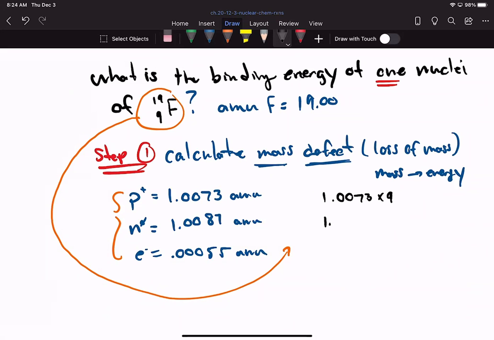And then we're going to go 1.0087 times, well, how many neutrons do we have? Somebody tell me. Just want to make sure you guys know. 10. Yes. So we have 10 neutrons, and we have 9 electrons.